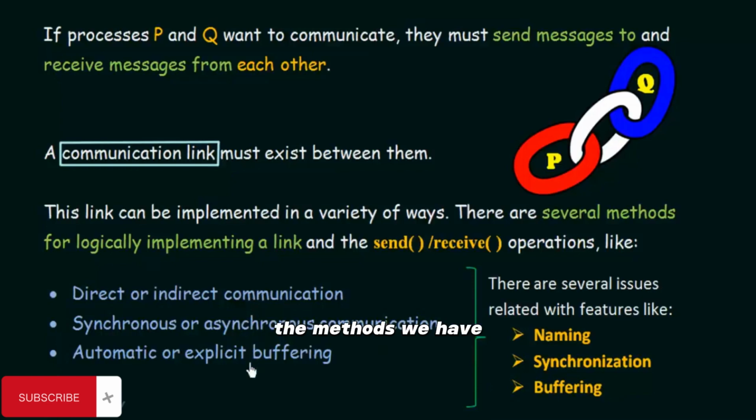So these are the methods in which we can logically implement a link so that the processes can communicate with each other, and there are several issues associated with these features, which are given here, like naming, synchronization, and buffering. This part, the methods for logically implementing a link and the issues associated with these features, will be discussed in the second part of this lecture.